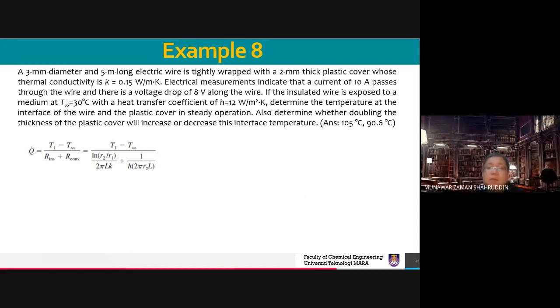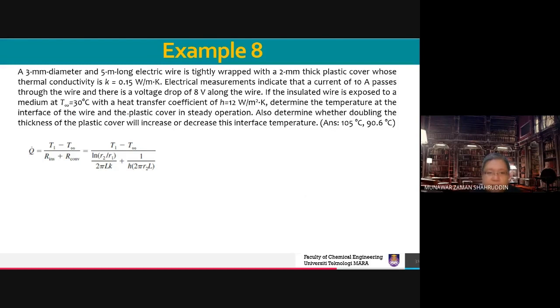If the insulated wire is exposed to a medium at T surrounding 30 degrees C, with a heat transfer coefficient of h equals 12, determine the temperature at the interface of the wire and the plastic cover in steady operation.